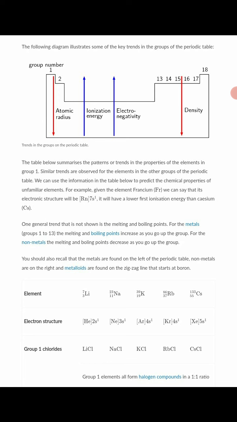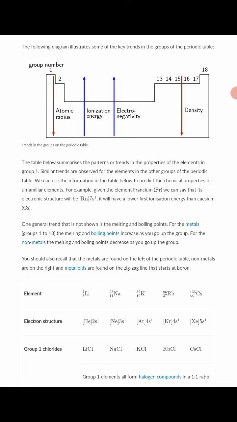Potassium has 4 shells, 2, 8, 8, 1. So you have 1 shell, 2 shells, 3 shells, 4 shells. So the atomic radius increases as the number of shells of the atom of the element increases. That one is very explanatory, simplified. It's clear. The atomic radius increases down the group because the number of shells of each of the elements of that group also increases. So that's that on that.